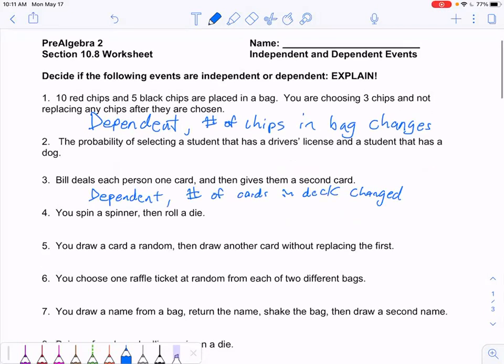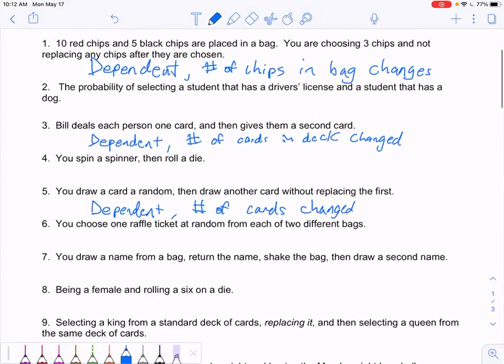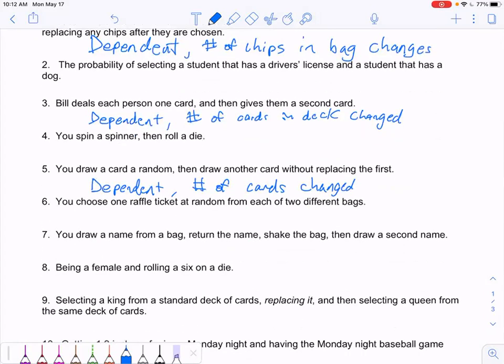Let's look at 5. You draw a card at random, then draw another card without replacing. Emma, if you're not replacing, does the number change? Good. You draw a name from a bag, you return the name, shake the bag, then draw a second name.